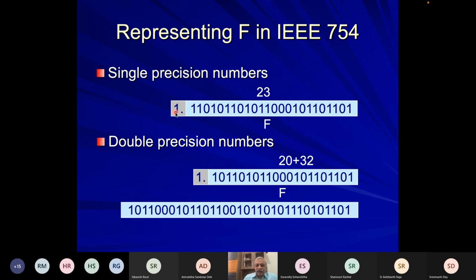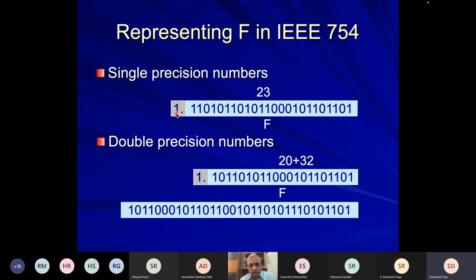So effectively, we have a 24-bit fractional part in single precision and a 53-bit fraction part in double precision. Since it is assumed that it is always 1 point something, that 1 is actually not stored, it is assumed.